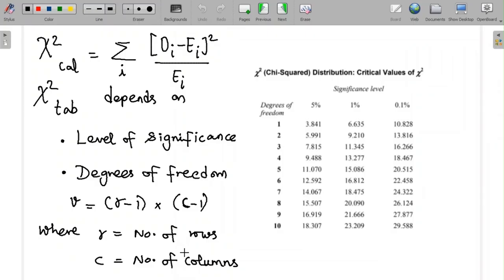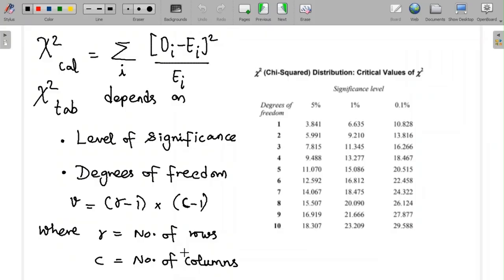Now, we compare this calculated value with a table value that depends on two things: one, the level of significance, and two, the degrees of freedom. Since there are two attributes involved, the degrees of freedom are calculated by the product of (R minus 1) and (C minus 1), where R and C are the number of rows and columns in the contingency table.